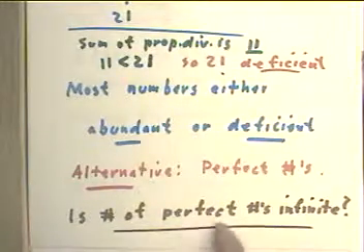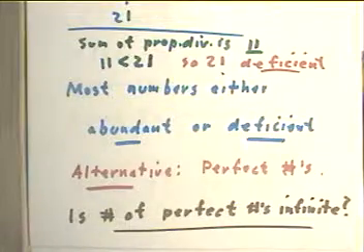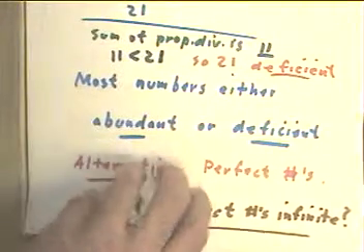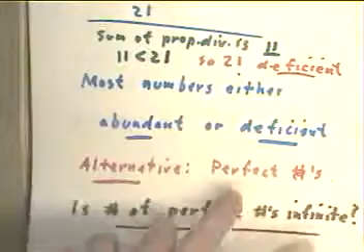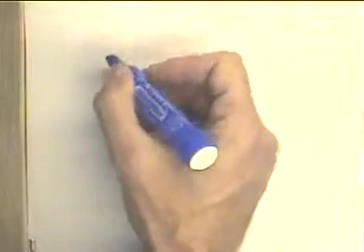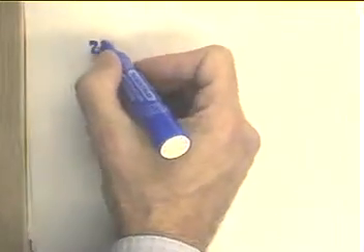Are there infinitely many perfect numbers? And we might first ask, are there any perfect numbers? And I'll say yes. One perfect number is 28. Okay, so there are some perfect numbers.